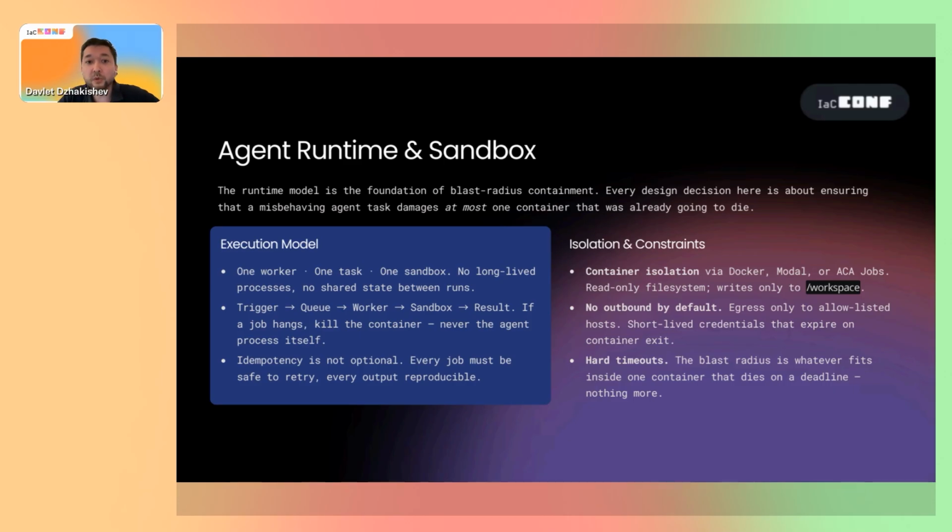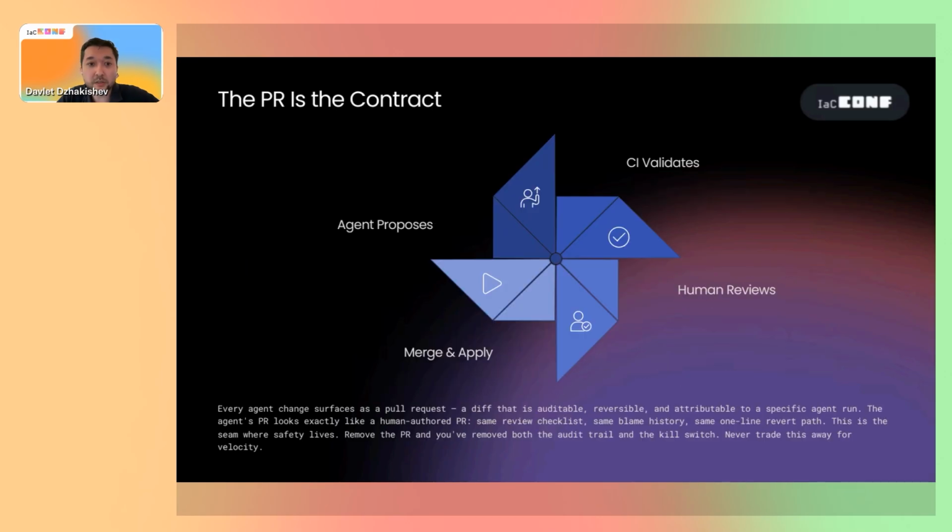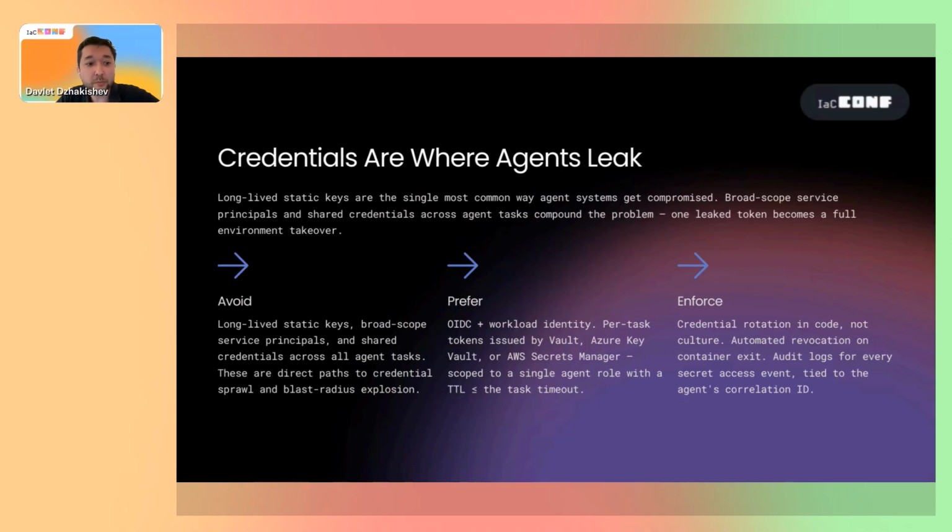So let me pause the presentation here. Yes, so the credentials, and we will get back to it. Let me pause here, and then I can show you what we have.